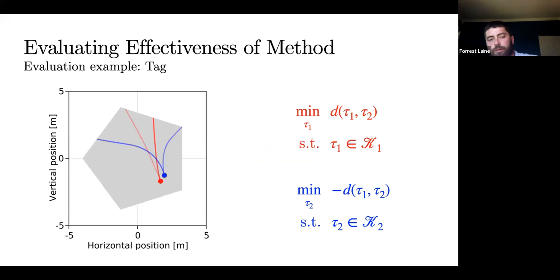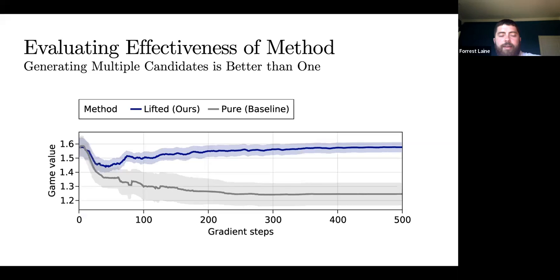In this example, both players have 2 trajectories. Then there's a distribution over the different combinations of these 4 trajectories. And the game value is basically the expected value of that function D of tau 1, tau 2. The reason we call it the game value is that you might think it's the value for one single player, but because this is a zero-sum game, the negative of this value could be considered the value for the other player.